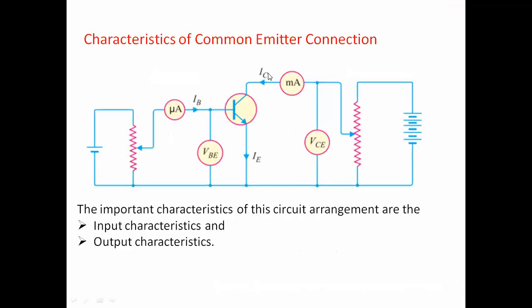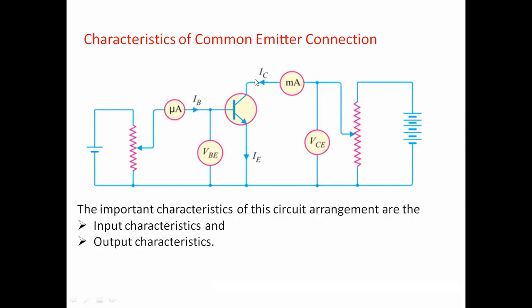So characteristics of the common emitter configuration. You can observe this is the emitter, and this is the base and collector. This is the VBE. The current flowing through the base is measured with a microammeter, in terms of microamperes. That is IB.